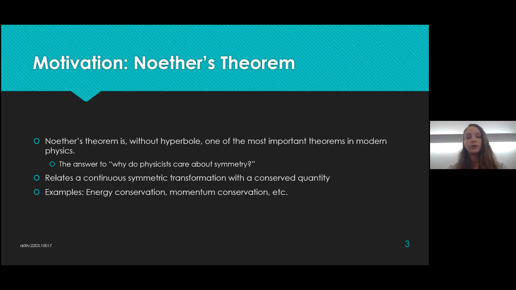So if my Hamiltonian is symmetric with respect to time, my experiment works the same way tomorrow as it did today, then energy is conserved. And similarly, if it is symmetric with respect to spatial translations, or equivalently moving from one inertial frame to the next, then momentum is conserved.